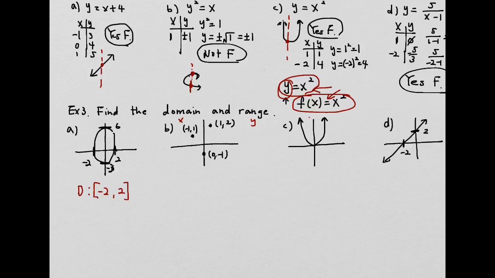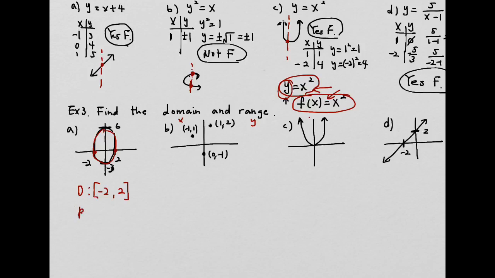Because this line is passing through that point. This point is included. If it's not included, it should have like an open circle. But we didn't see any open circle. It means it was included. So we're going to use brackets.